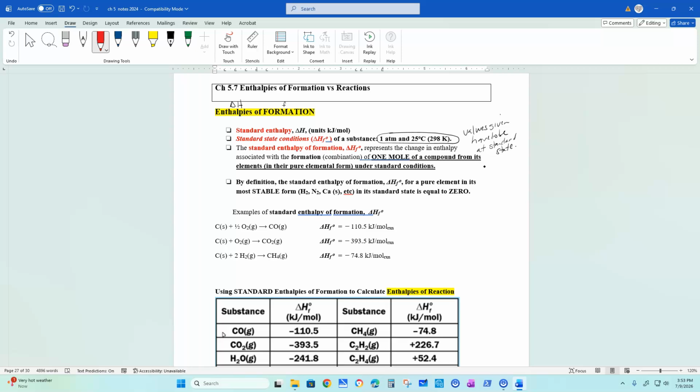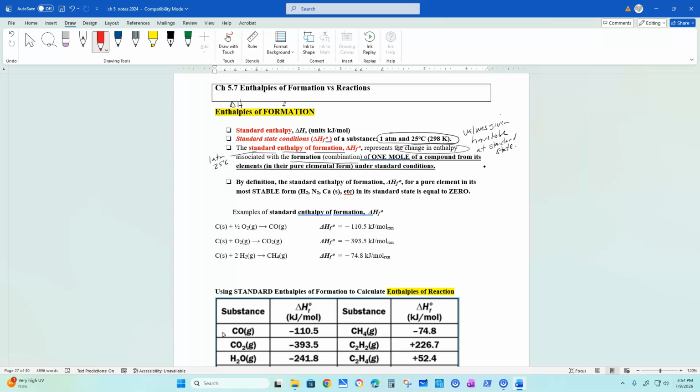So when we take these two words and put them together, well, we already have the word standard. Standard means 1 atm, 25 degrees Celsius, of enthalpy, delta H, and then formation. What it represents is the change in enthalpy when you combine and produce 1 mole of a compound.